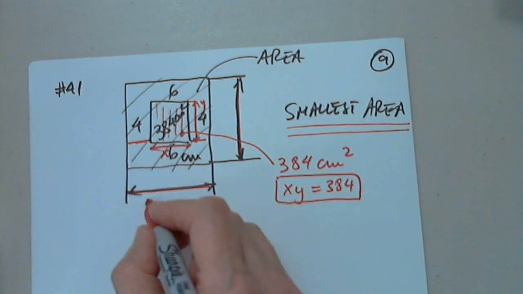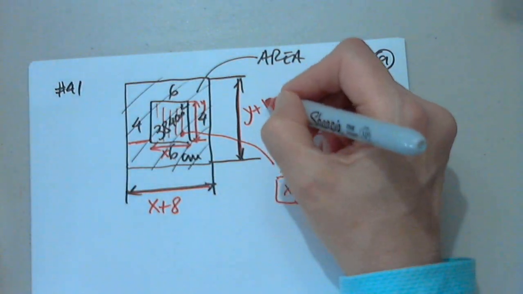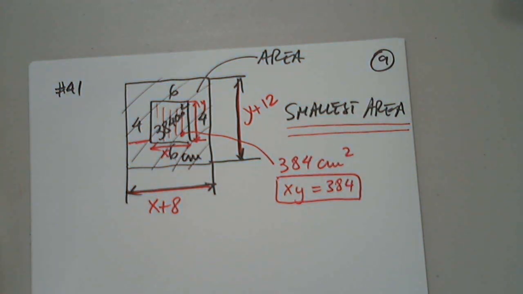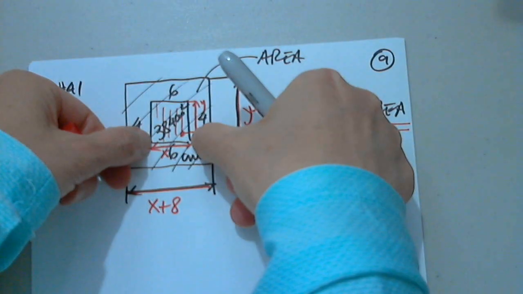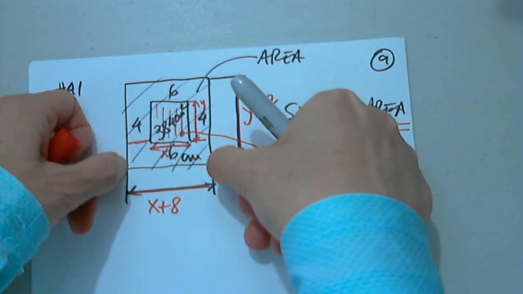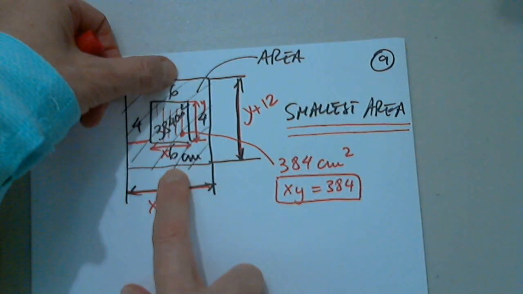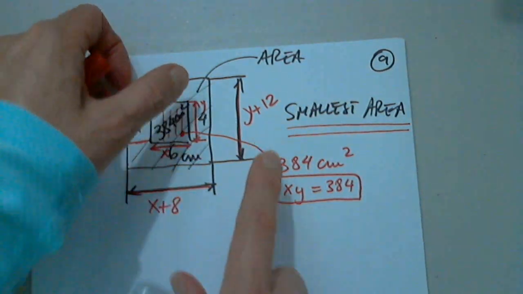Yes, X plus 8. Very good. And 6 plus 6, Y plus 12. Awesome. Everyone sees that? So this is X, but there are 4 and 4, so this must be X plus 8. And the same thing here. This is Y, and we're adding 12 centimeters.